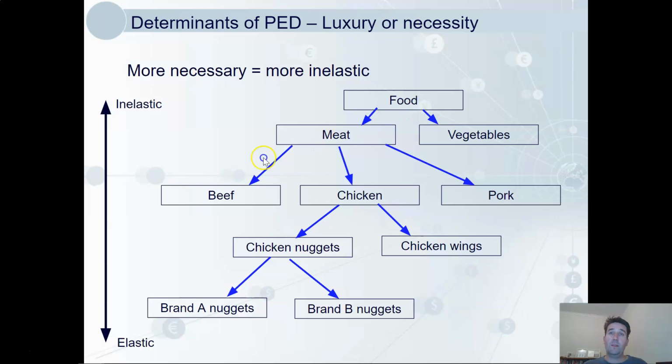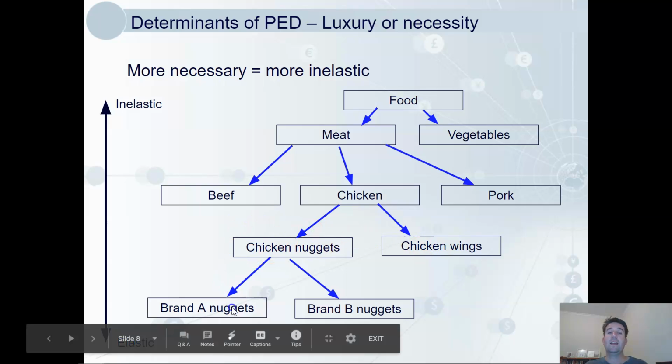The different types of meat, again, are closer substitutes to each other than they are to, say, vegetables. So again, they're becoming more elastic. Different types of chicken, closer substitutes again, and different types of chicken nuggets are almost perfect substitutes. So demand is therefore very elastic.